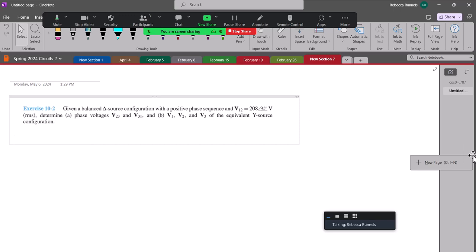All right, so this one, we're not talking about a network where we have like a source and a load. We just have this balanced source configuration, and it seems to me that's when they're using the negative 240. So what we're doing with a positive phase sequence, we know that we will be subtracting 120 degrees with each new voltage.